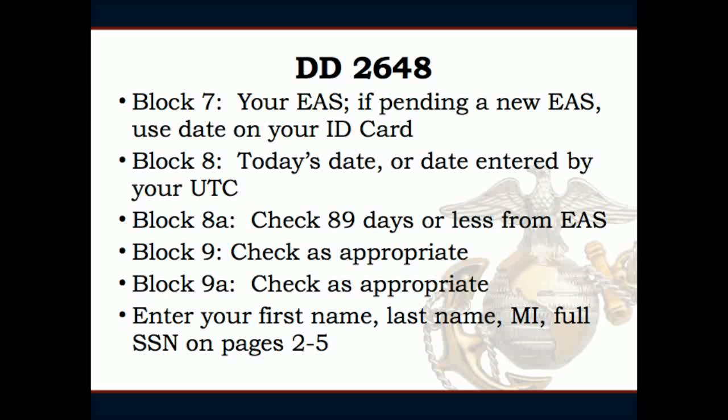In block 9, select the appropriate box with an X if another is attending the briefing with you. Block 9A, select the appropriate box if you are or are not willing to be contacted after separation or retirement regarding the value of the transition assistance programs and services you've received.